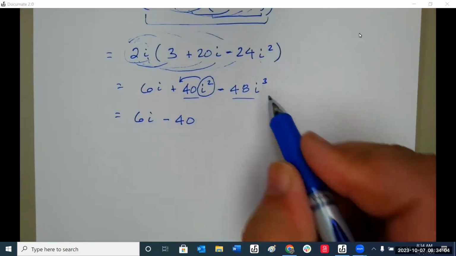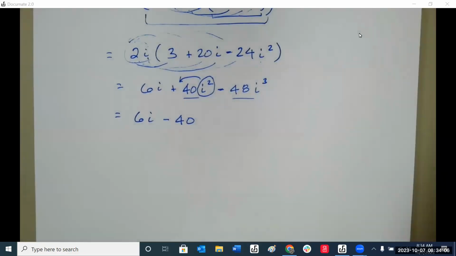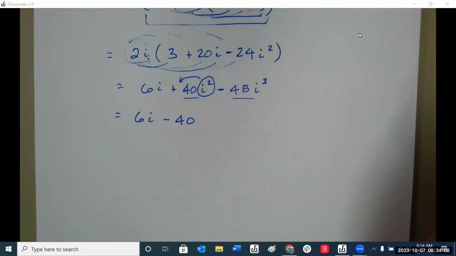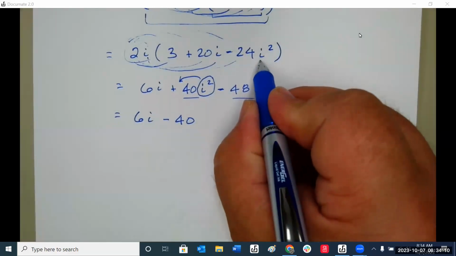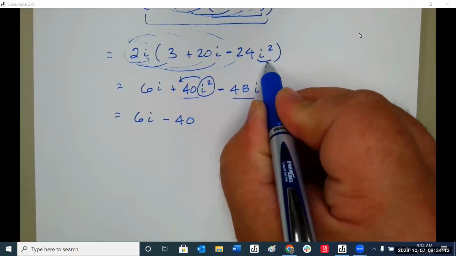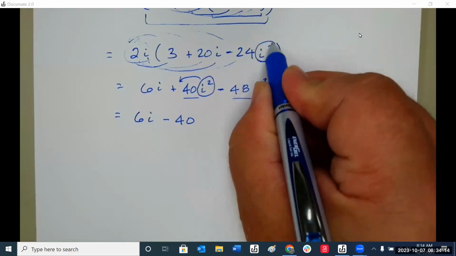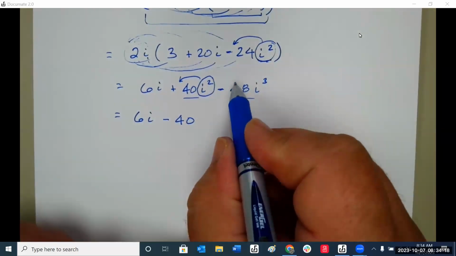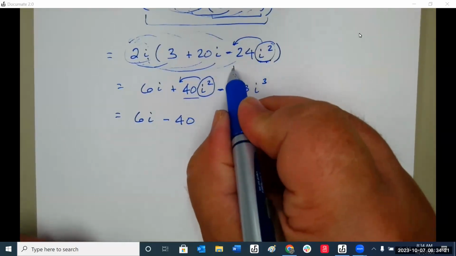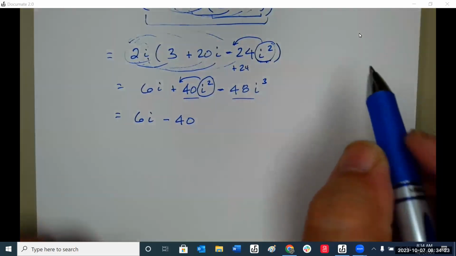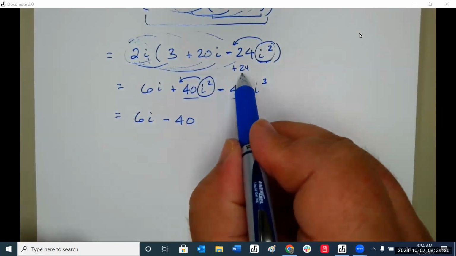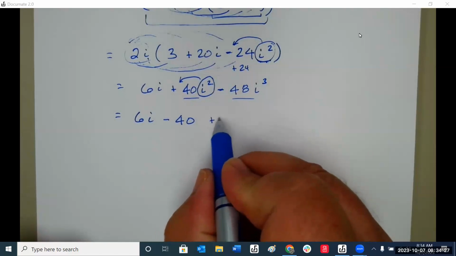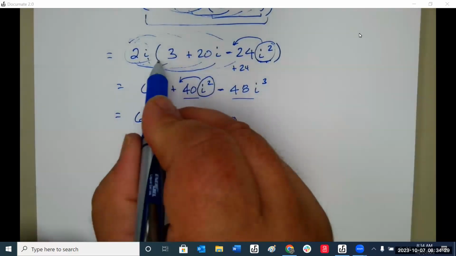What about i cubed? What is i cubed? Because if we look at it here, what would have happened here? This one would have changed that sign, would have had a positive. So we would have had a positive 24 times 2, which would have been a positive 48i.